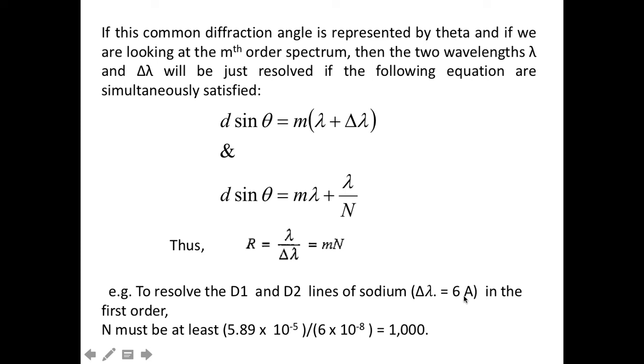So put these two values, 5.89 into 10 raised to minus 5 and 6 into 10 raised to minus 8, in this equation, and this is for the first order. Here m is 1, so you can find the number of lines N: 1000 lines are required. To find out the sodium lines D1 and D2, your minimum required lines or slits is 1000.